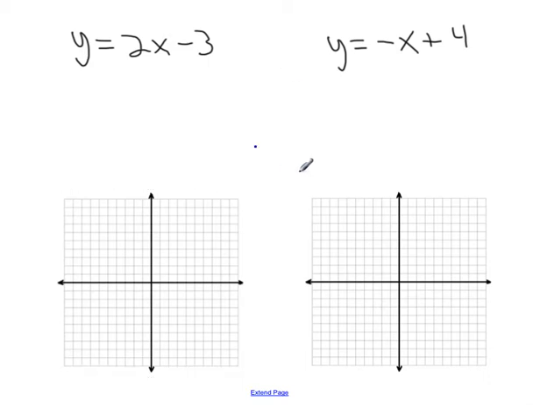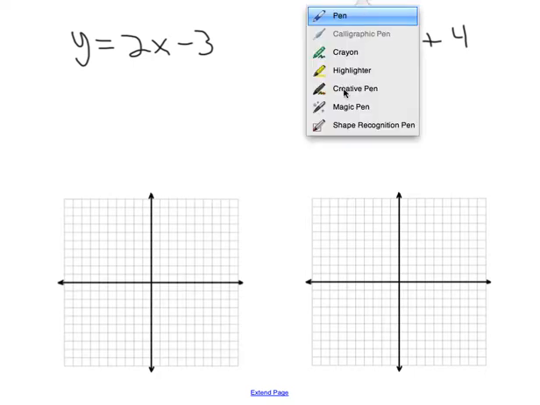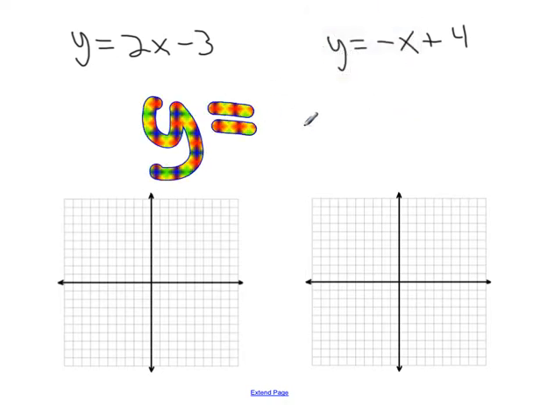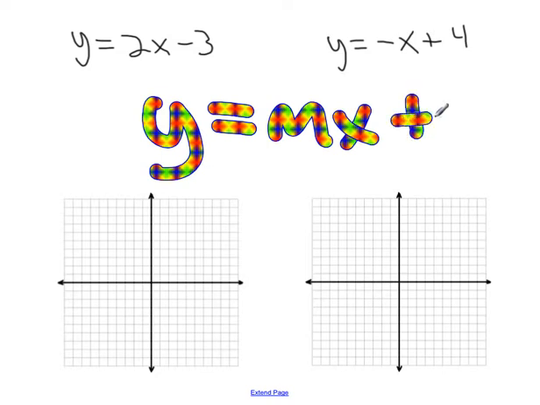All right, so we have a couple equations right here. And as you notice, they are in fact in slope-intercept form. So let's make sure we remember it. What is slope-intercept form? Y equals mx plus b, where, and make sure that you have this clearly written out for yourself somewhere, what each of these pieces mean.